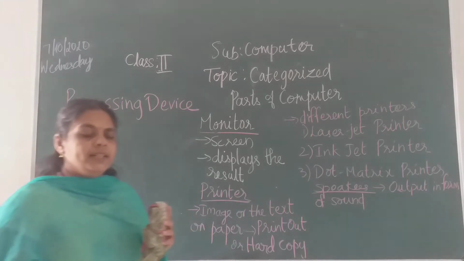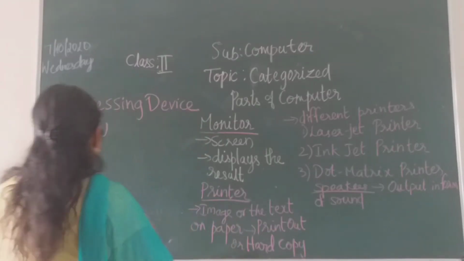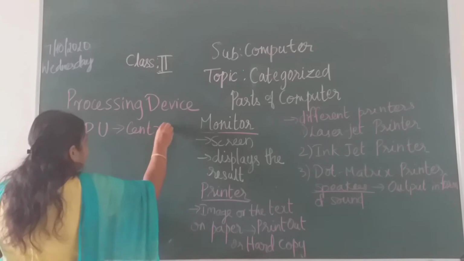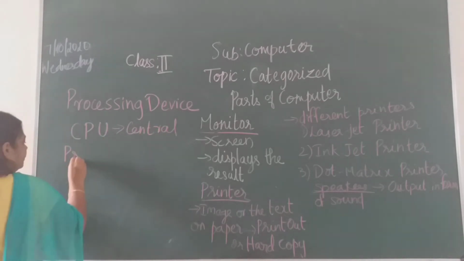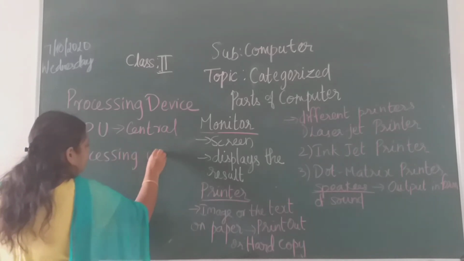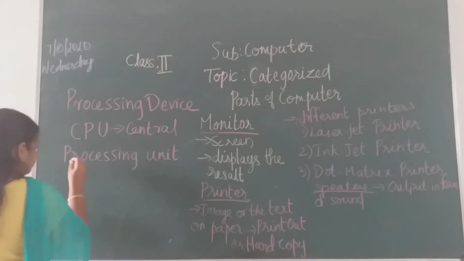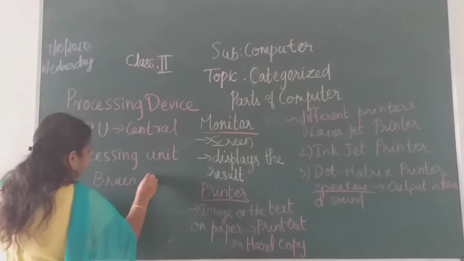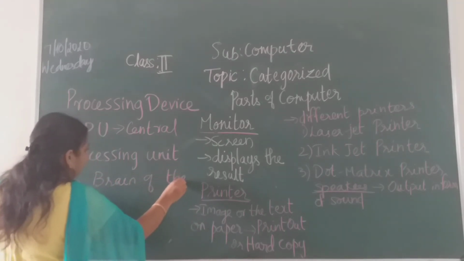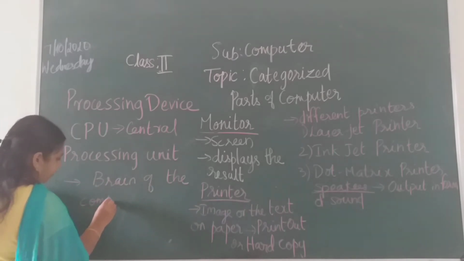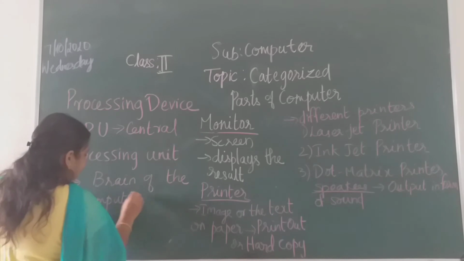The CPU expansion is Central Processing Unit. So children, the CPU is called the brain of the computer. Just as our brain works for our body, for the computer it is the CPU.